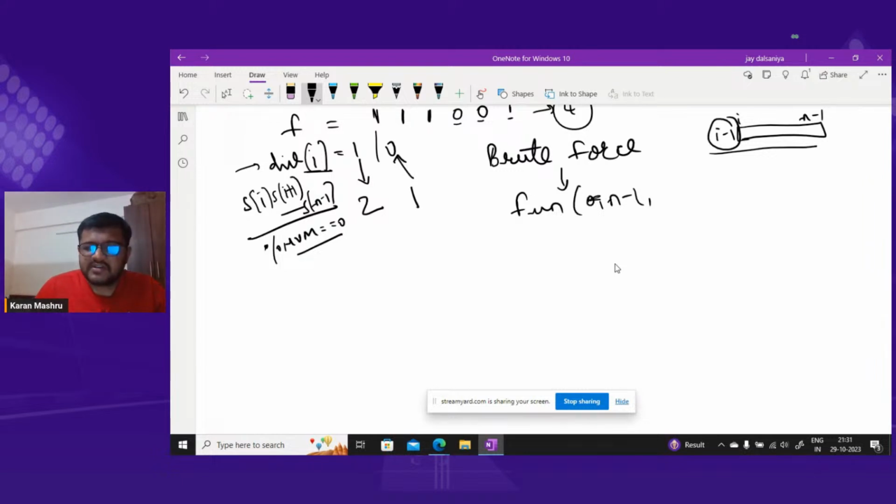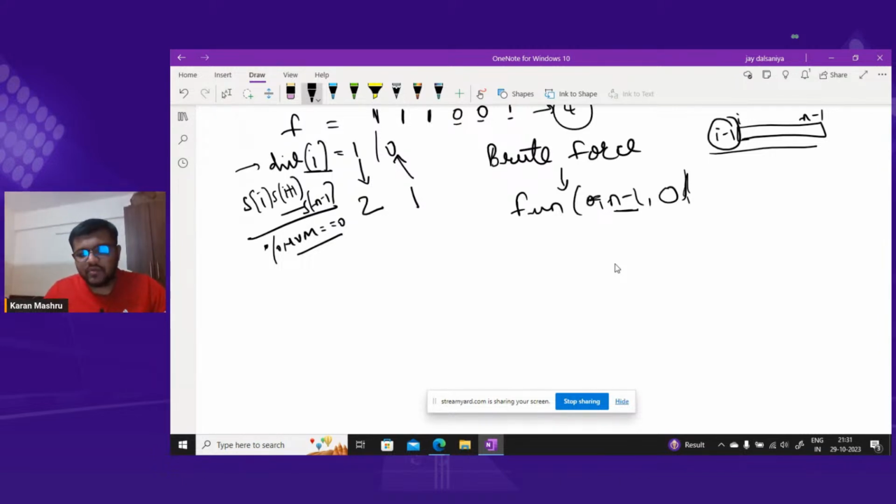So what does this function tell me? It tells me to fill the n minus 1th index, and the count, let's say, of subarrays whose XOR is 1 is 0. Initially it would be 0, and at the current position I will have two choices, either to make it 0 or 1, right?